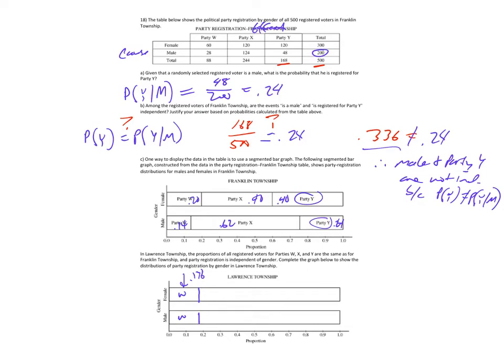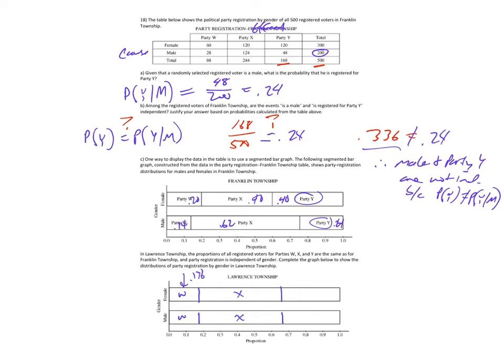So if 17.6% of the population was party W, then if gender didn't matter, it would be 17.6% of males and 17.6% of females. Okay, for party X, we saw 40% of females were party X and 62% of males. Well, overall, that number was 48.8. And so we'd go up to about, when you add these up, it's about right there.